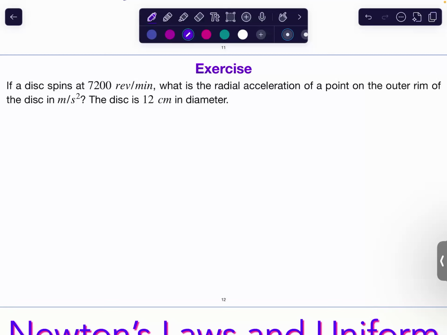Yep. So omega is your revolutions per second. You're looking for an acceleration in meters per second squared.